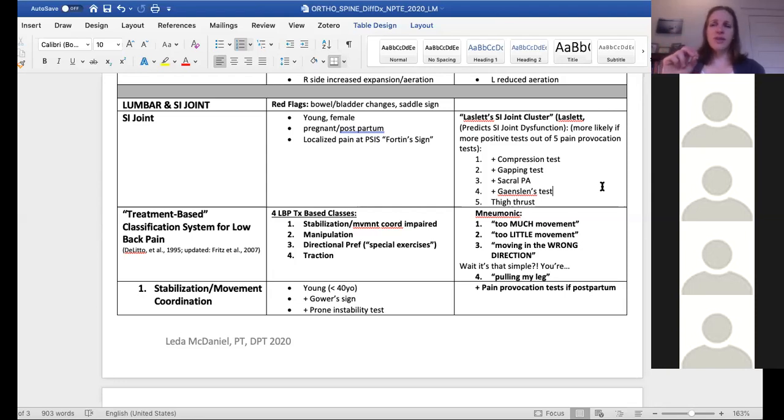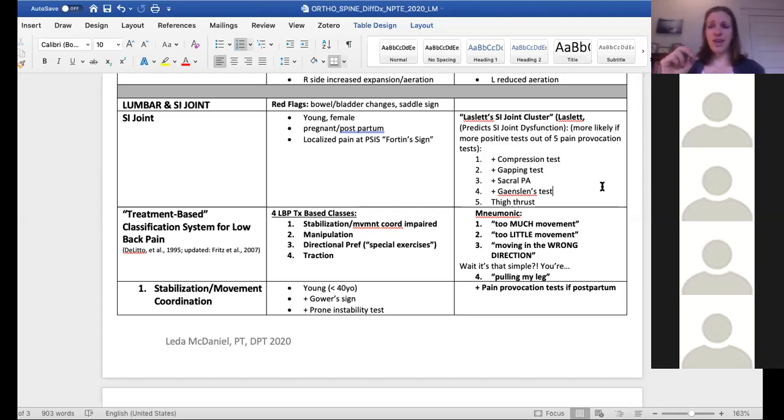There are additional tests for the SI joint that are not on this list because they're not pain-provoking tests. They are more looking at alignment or stability at the SI joint. Though they may be described, and you may be tested on them, they are not necessarily research supported in our clinical practice at this point.